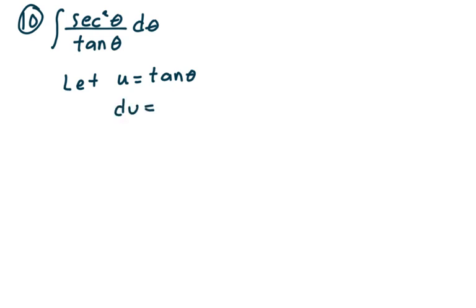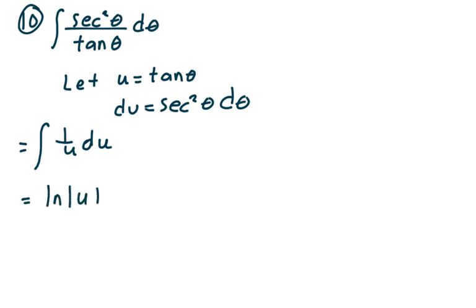Du is secant squared of theta d theta. So this is the integral of 1 over u du. What's the answer? Well, it's natural log of the absolute value of u plus c. But u is tangent theta. So I get natural log of the absolute value of tangent theta plus some constant c.